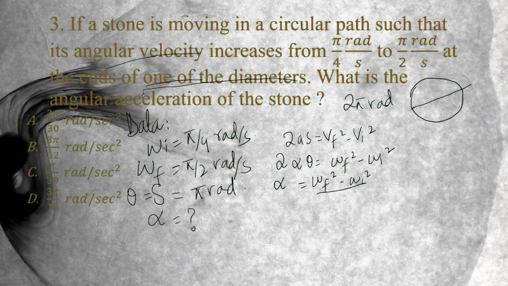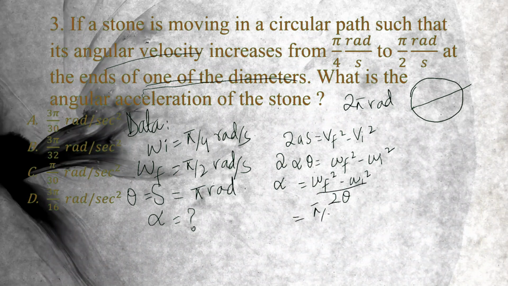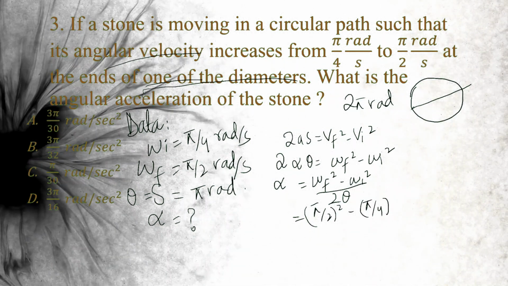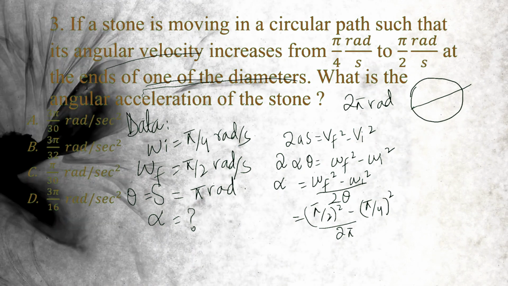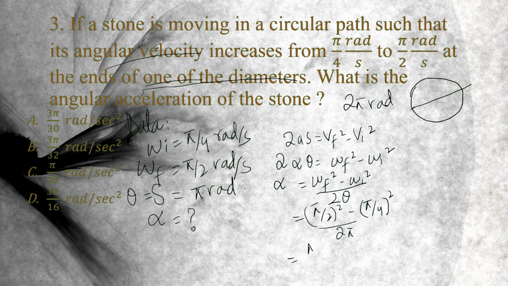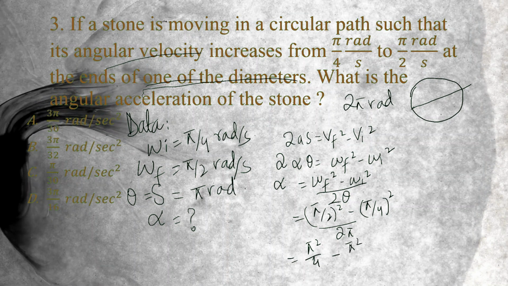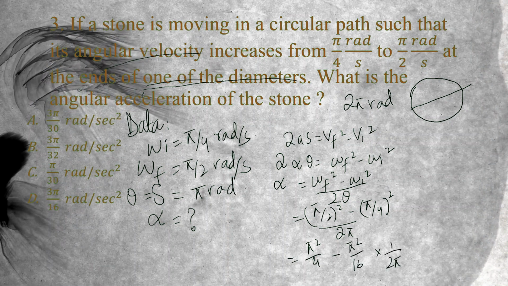square over 2 theta. Omega f square is (pi by 2) whole square minus (pi by 4) whole square, and 2 theta is 2 pi. If I solve this, pi square over 4 minus pi square over 16, and 1 over 2 pi is already in division.